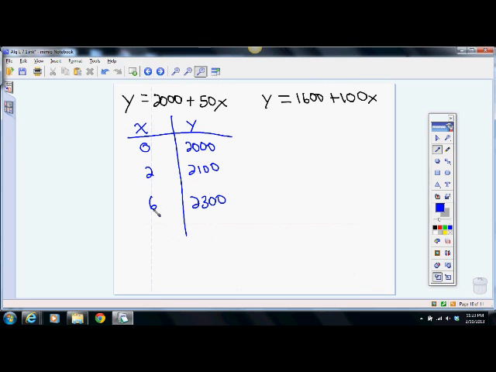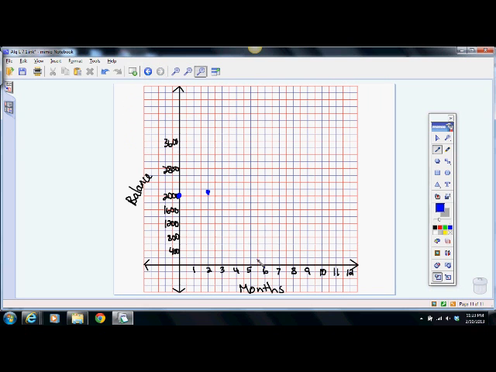And end up with another odd one, 6, 2,300. So here's 22, 23. Okay, and we're going to draw a line through it. We'll draw it going out like that.